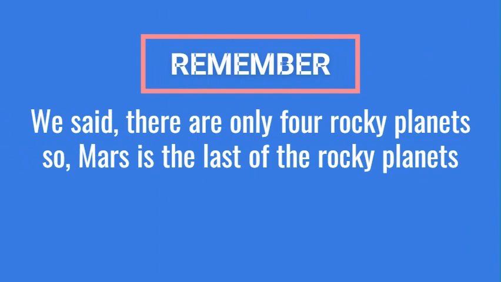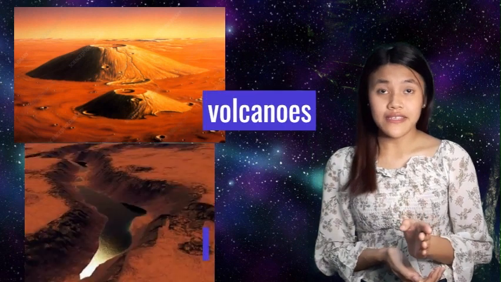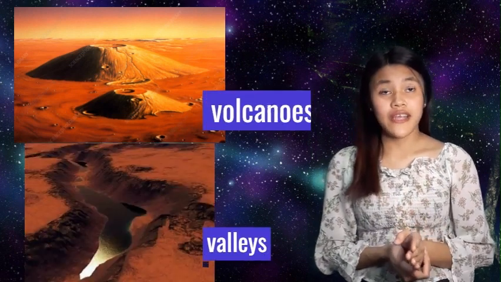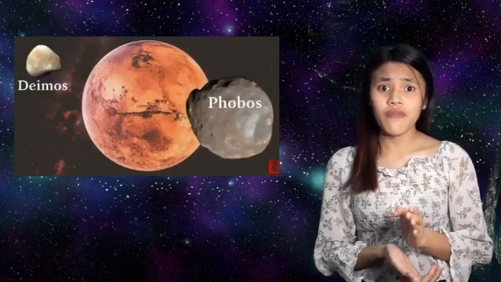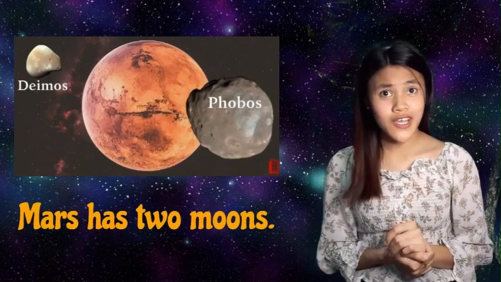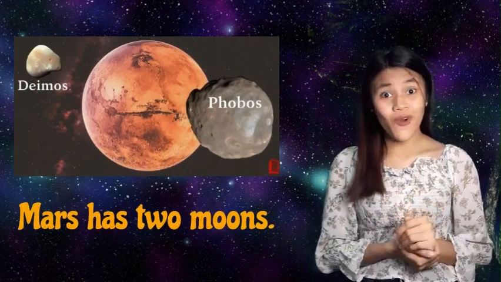Remember, we said there are only 4 rocky planets, so Mars is the last of the rocky planets. Mars has volcanoes and valleys, just like Earth, and it is kind of cool that Mars has 2 moons. They are both really small.